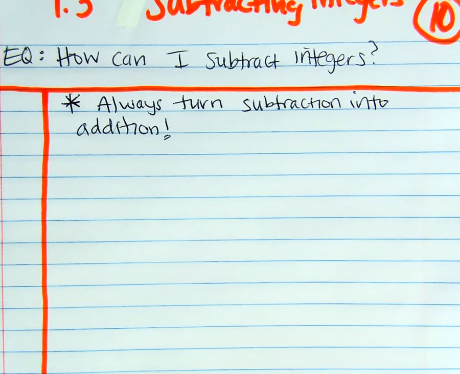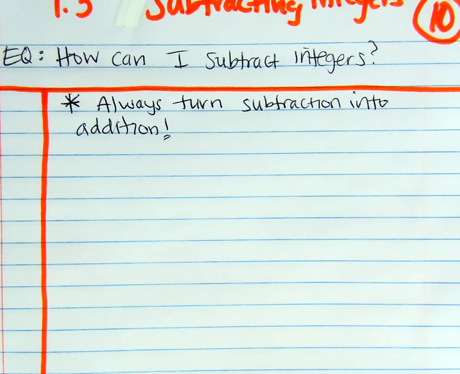We learned how to add integers last week, and from the warm-up, it seems like a lot of you have a pretty good idea of how to do that. So this week we're going to take those subtraction problems and turn them into addition problems.